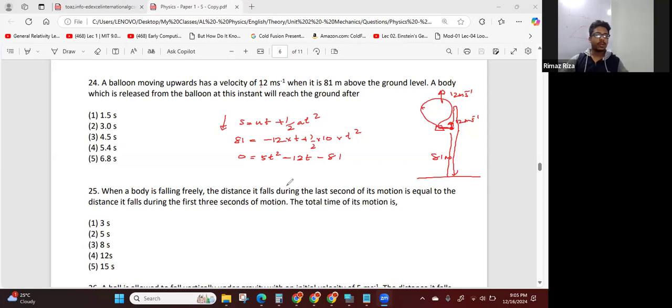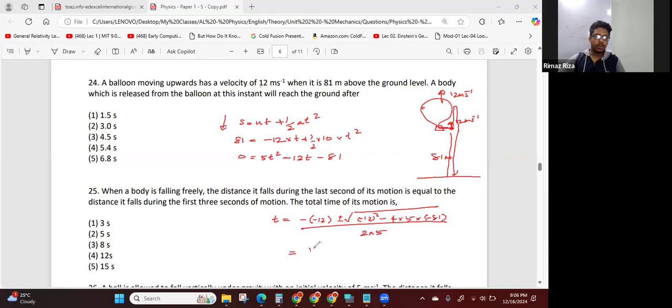So we can use the formula: t equals minus b plus or minus the square root of b squared minus 4ac, divided by 2a. Here b is minus 12, a is 5, and c is minus 81. So it is 2 into 5.